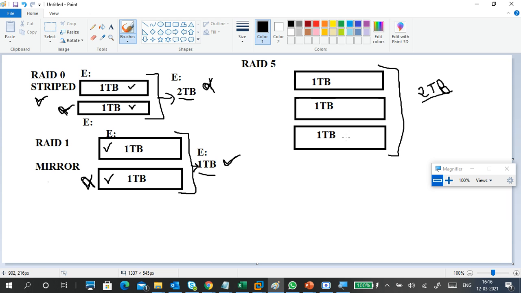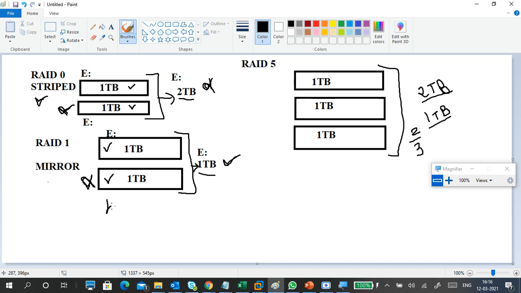What happened to one more terabyte? You won't get that one. You'll get 2 by 3 of the disk space, of the total disk size only.